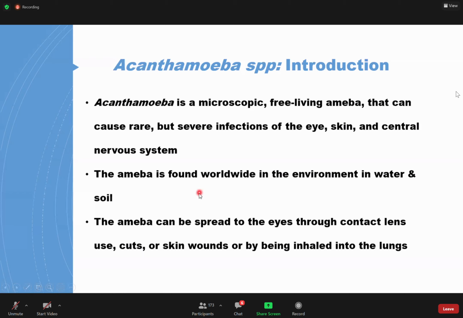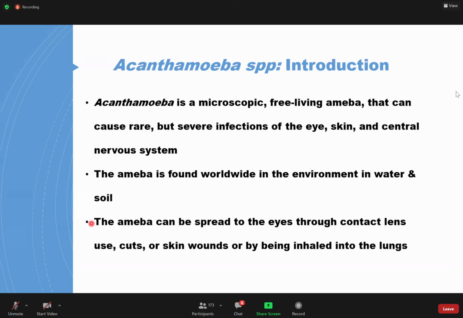Let's move on to another protozoan parasite, albeit a protozoan parasite that is of low medical importance in terms of its occurrence and disease association. Although the organism is not a common cause of human infection, when it does cause an infection in humans, it can be devastating.